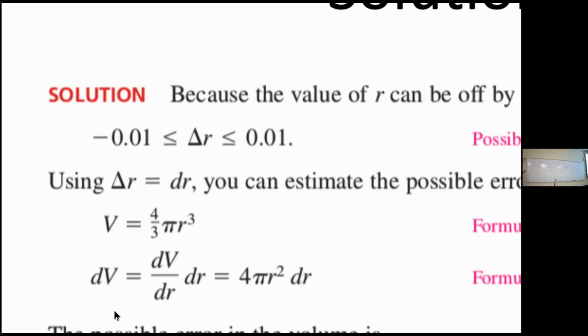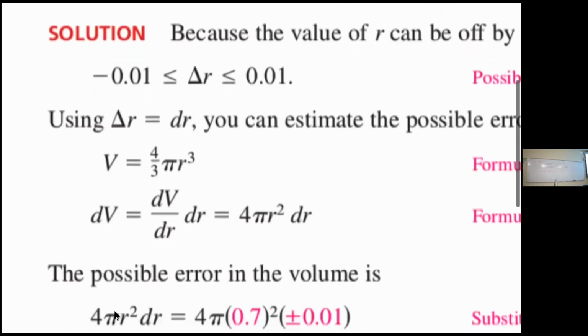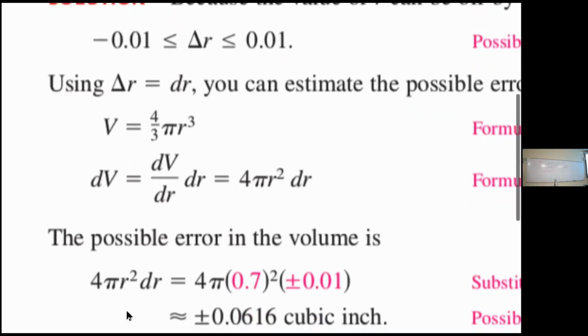Well, the possible error is how far off we could be, which means we need to know plus or minus what dr is, dV is. So this is going to come out like the slide says, to plus or minus 0.0616 cubic inches.